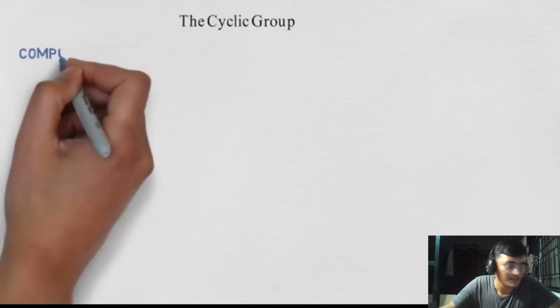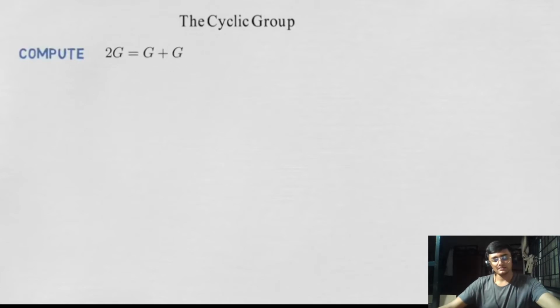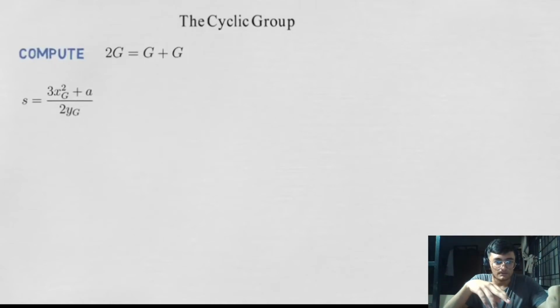So let's consider a cyclic group with the generator given. First of all we need to compute 2G, adding the generator to itself, so G plus G. After that, using the formula (3 xG squared plus a) upon 2y, we put the values in this formula and find the slope of the tangent.